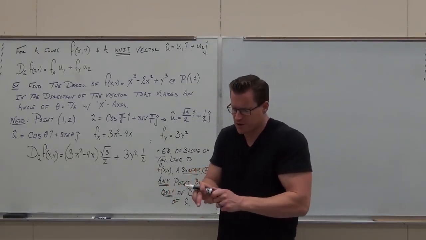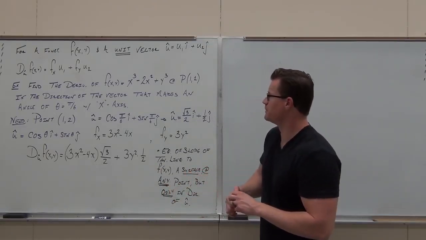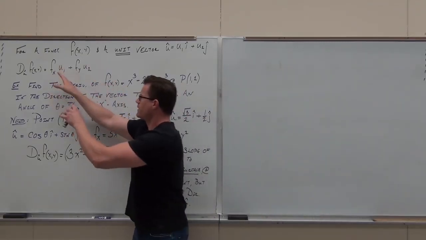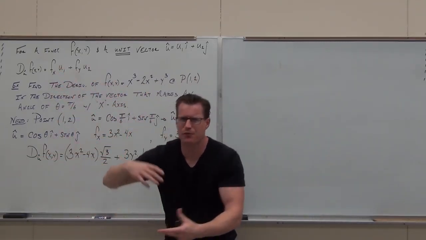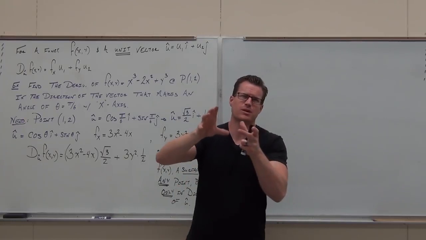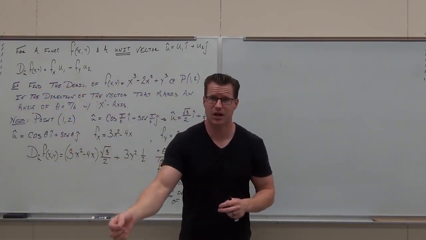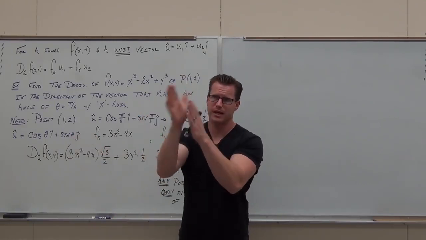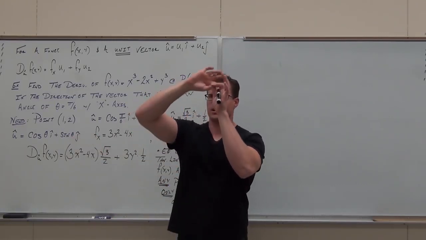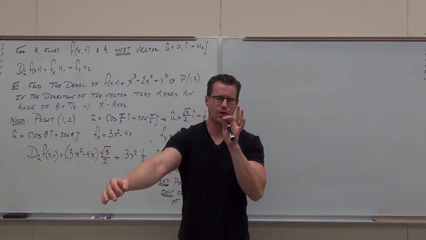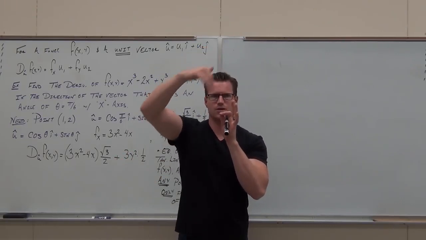Now let's go back just a little bit. So we know that we're finding this. You need to know what a derivative always is. A derivative of a function in the direction of a vector is the slope of a tangent line. If you remember from last time, we created this plane parallel to the u vector, which created a curve on the surface. We created a tangent line to that curve.